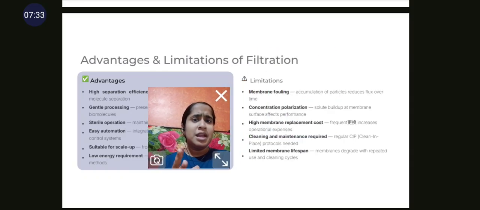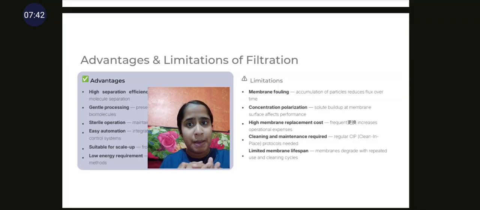However, it also has limitations: membrane fouling is a major challenge because particles block the membrane and reduce the filtration efficiency. Concentration polarization and membrane replacement also increase the operational cost. Despite these limitations, filtration remains one of the most widely used separation techniques in pharmaceutical, biotechnology, food and beverages, and water treatment industries.